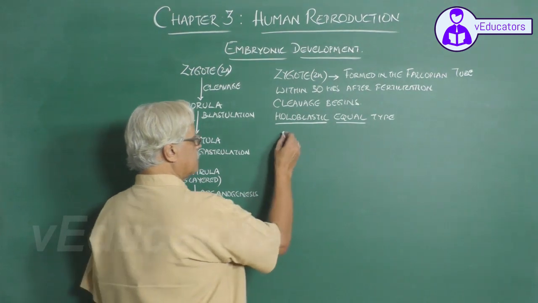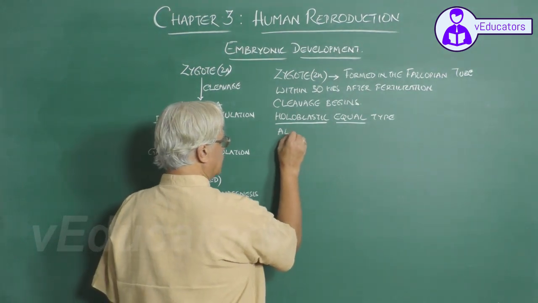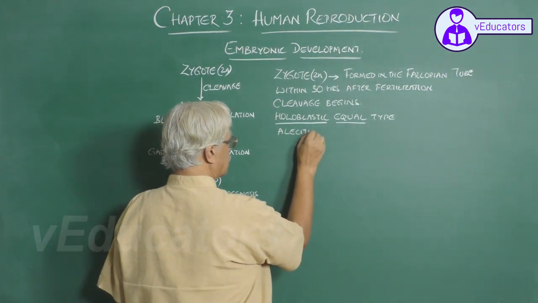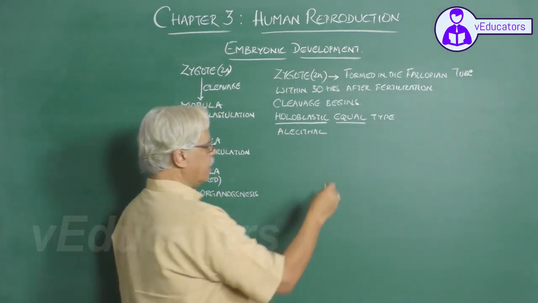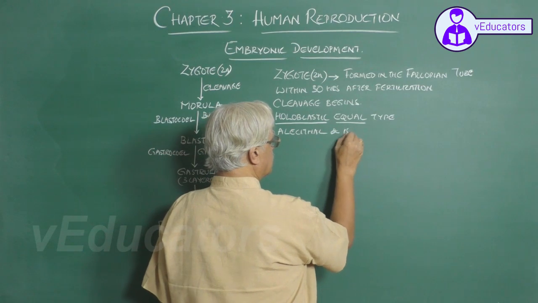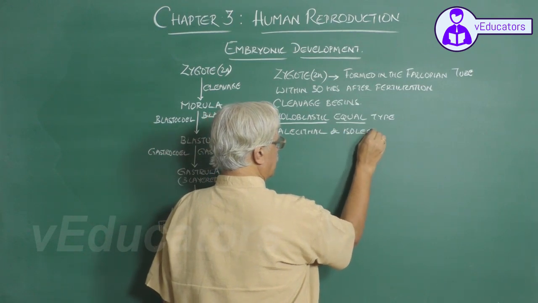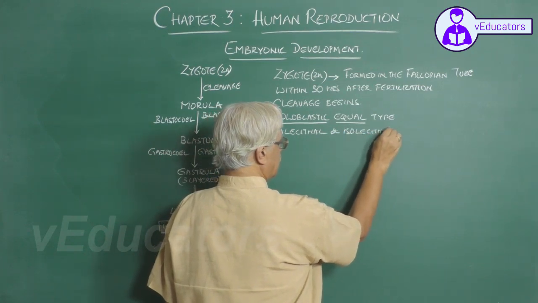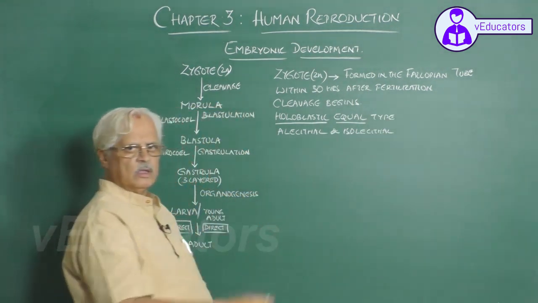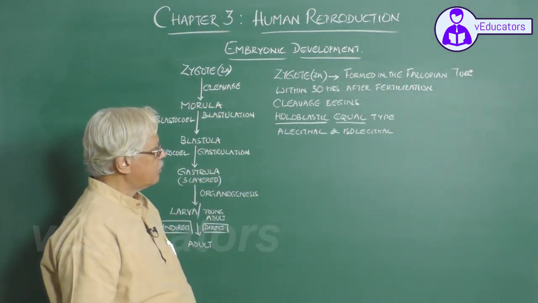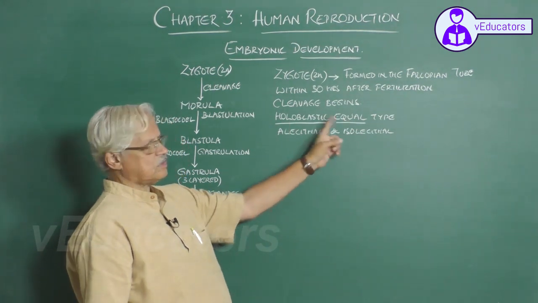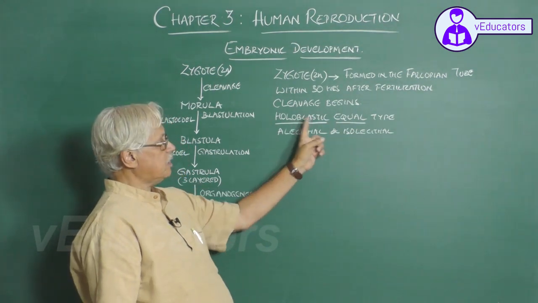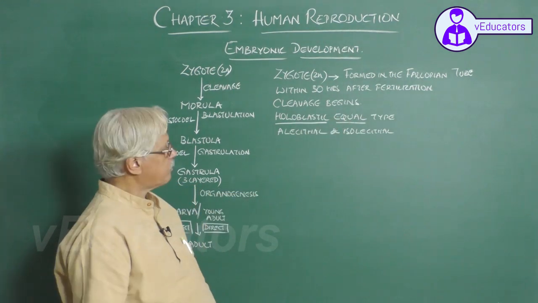So the egg is described as alecithal, practically no yolk, and isolecithal. Whatever little yolk is present is uniformly distributed. So in all alecithal and isolecithal eggs, we come across holoblastic equal cleavage.